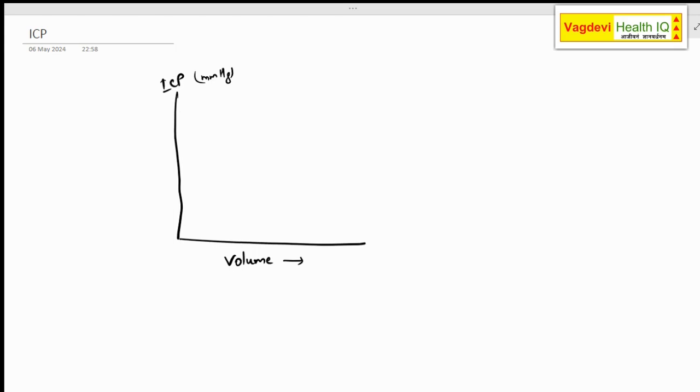Starting with 0, 20, 40, 60, 80, 100 millimeters of mercury. Now I'm showing you 10 millimeters of mercury. I told you, this is the level of 10.